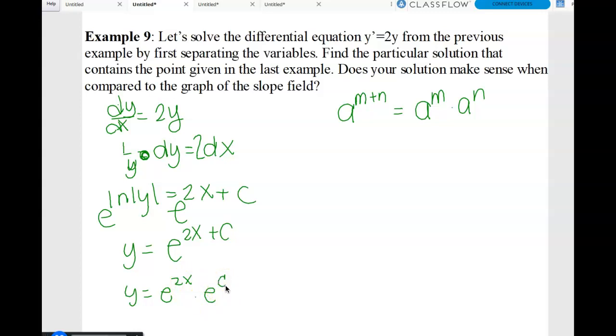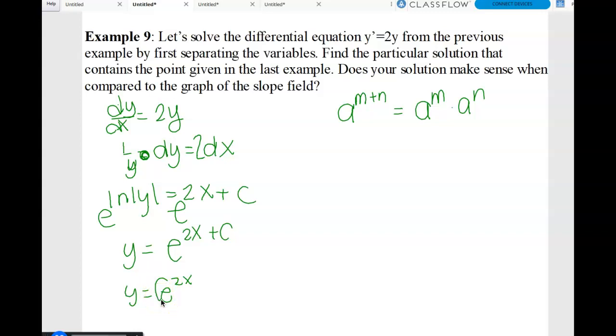But remember, I told you that anytime I have a c with another number being multiplied, that c absorbs it. So if you get a problem with an ln and the c is up there in that plus area, what we're going to do is make our lives easier. We're going to have the e absorb the c, and the c is going to come in front of the e.